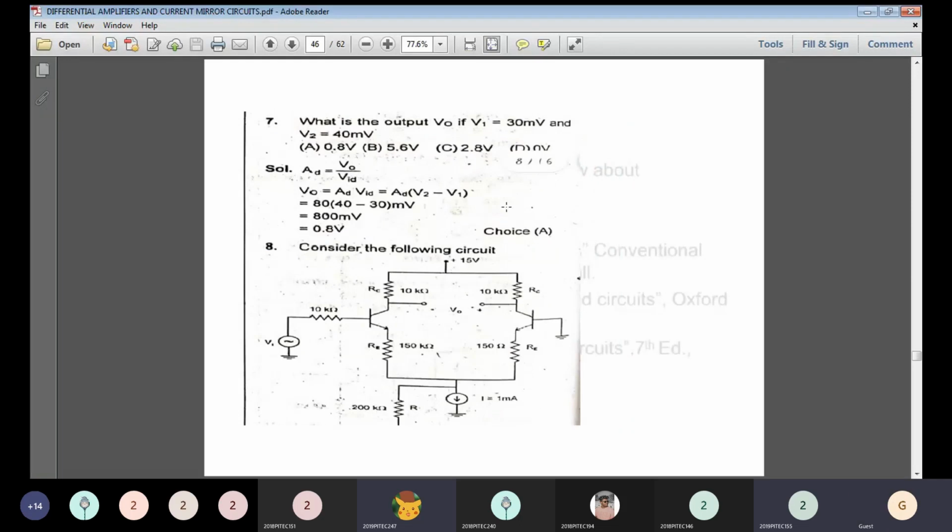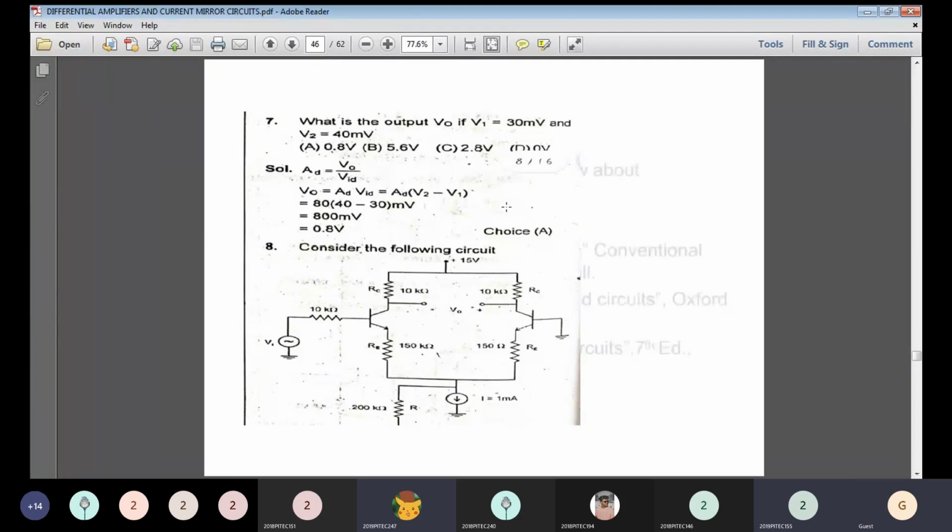So the next question in the same specification is, what is the output V0 if the input voltages are V1 30 millivolt and V2 is 40 millivolt. So what is the value of V0?